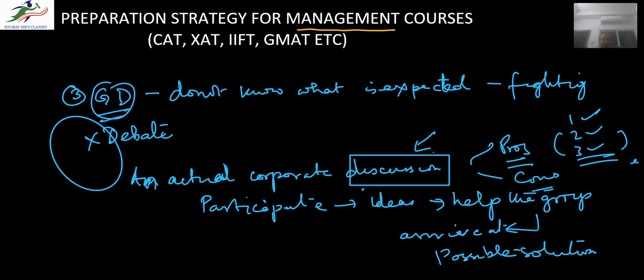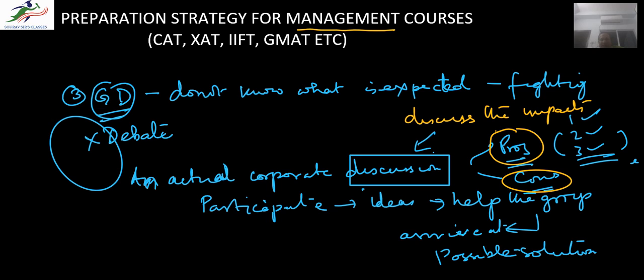So therefore, you as a participant are expected to bring in points around both pros and cons and discuss the impacts of these on the topic or the objective or the problem. The topic is actually a problem statement.